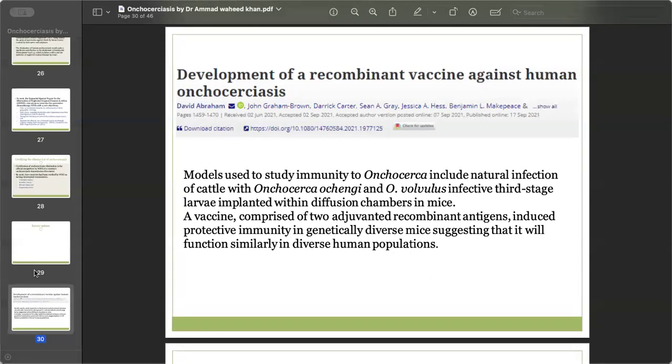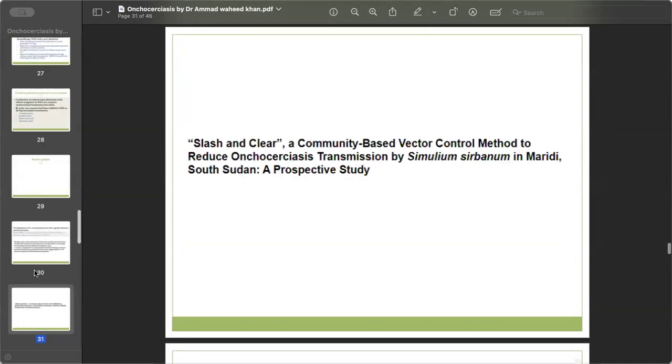A vaccine comprised of two adjuvanted recombinant antigens induced protective immunity in genetically diverse mice, suggesting that it will function similarly in diverse human populations.